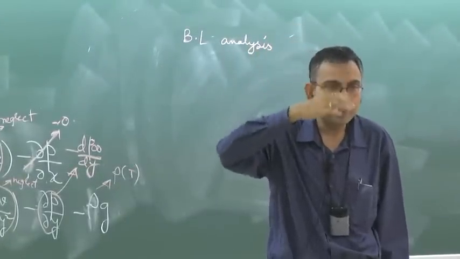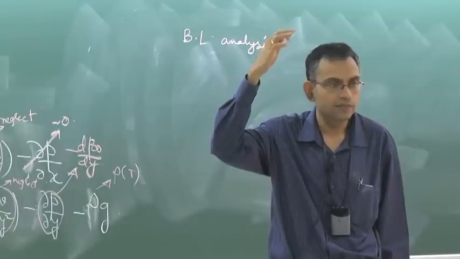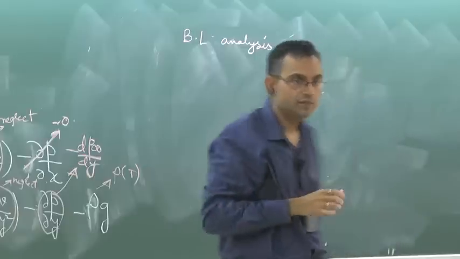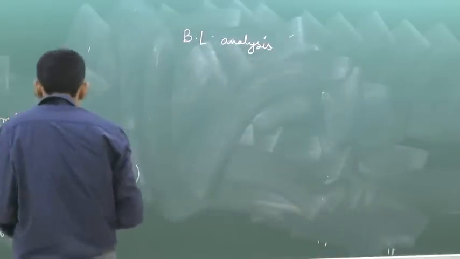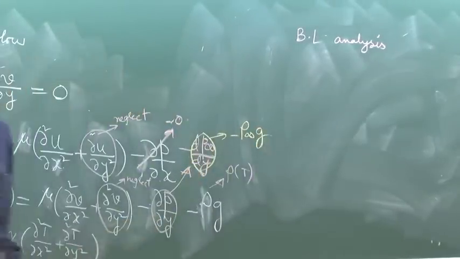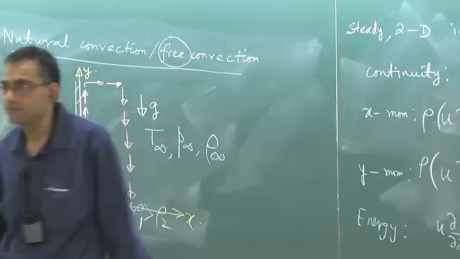So if the fluid is at rest, what is dp infinity dy? Minus rho infinity into g, right. This is fluid statics, possibly the first chapter in fluid mechanics that you had studied.